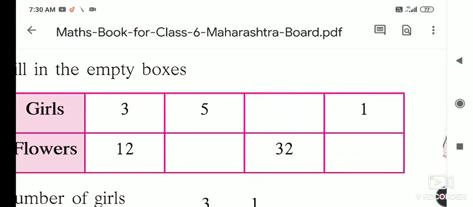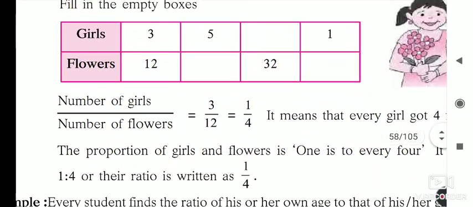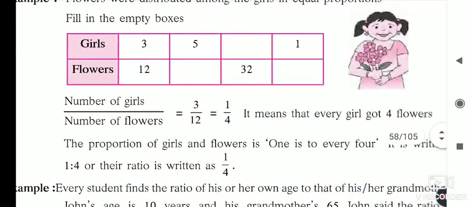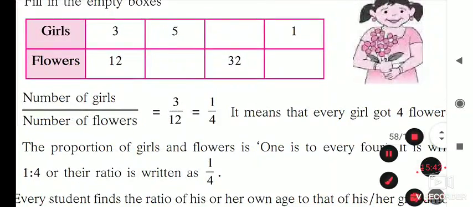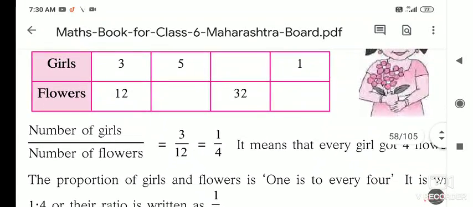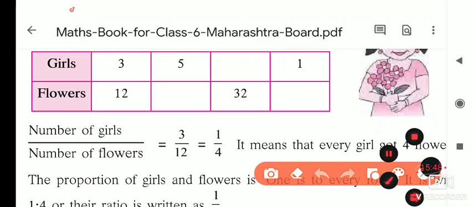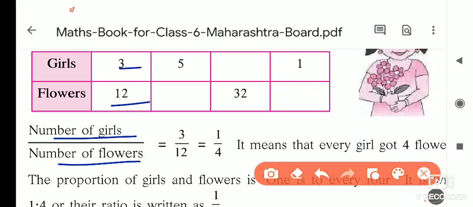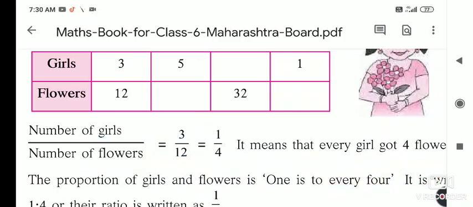Now we have to discuss how to solve it mathematically. First of all, both values we know: the number of girls and the number of flowers. So number of girls upon number of flowers is equal to 3 upon 12. 3 ones are 3 and 3 fours are 12. So the ratio is 1:4. So the girls to flowers ratio is 1:4. It means that every girl got 4 flowers.